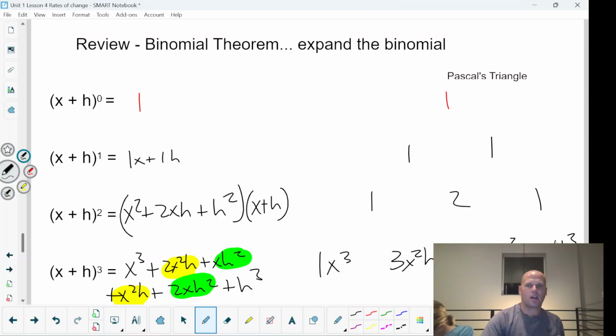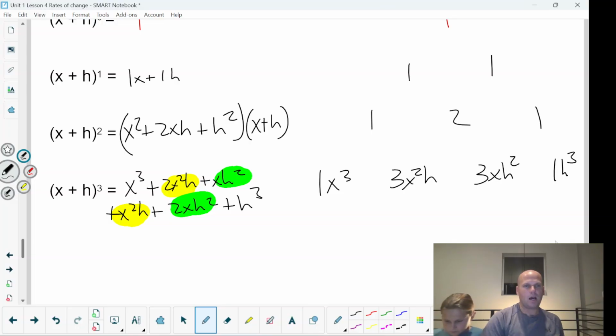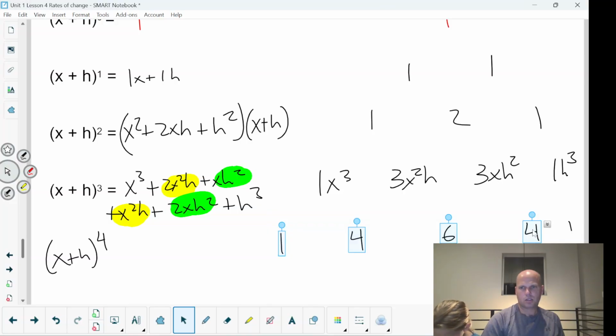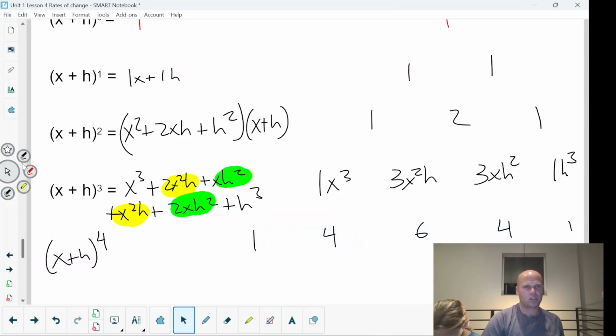And that actually is helpful moving beyond that. If I wanted to go to x plus h to the 4th, well, I could use Pascal's triangle to realize it's going to be 1, 4, 6, 4, 1. But what's going to be the key is that my x's are going to start at x to the 4th.